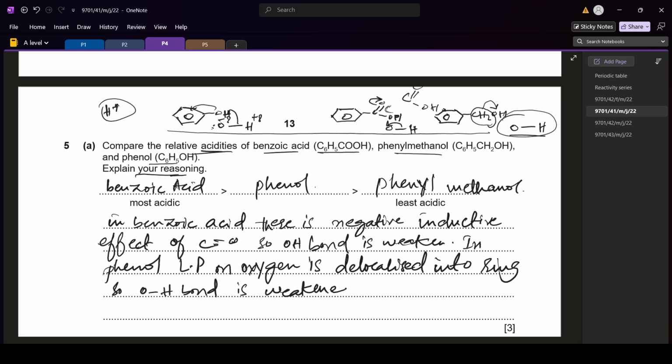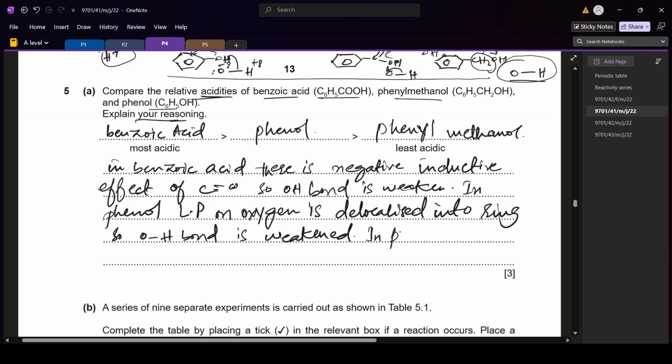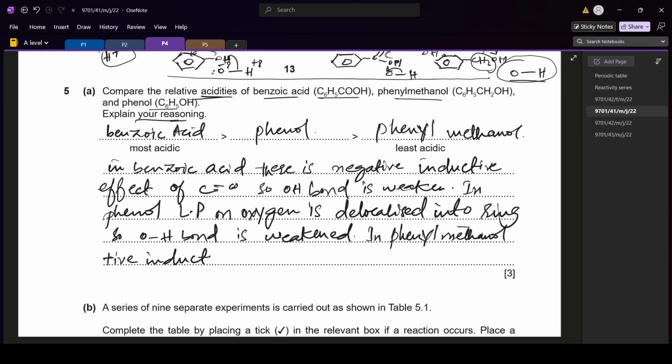And lastly we have phenyl methanol. In phenyl methanol, there is a positive inductive effect of the alkyl group, or you can say the CH2 group, so the OH bond is strengthened.